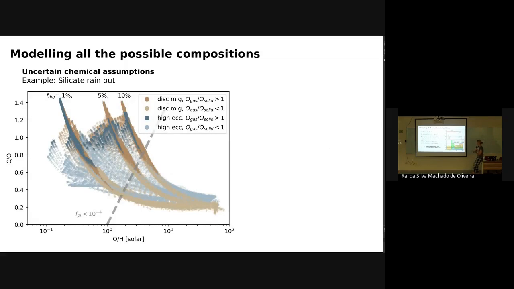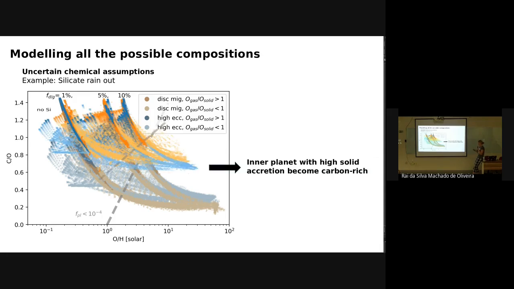Now, in our distribution, this is the old one that we already know. What happens is this is what it looks like if we exclude the silicate from contributing its oxygen to the atmosphere of the planet.